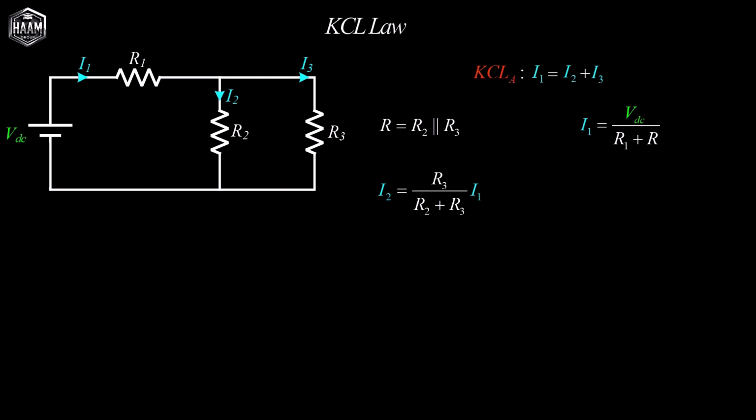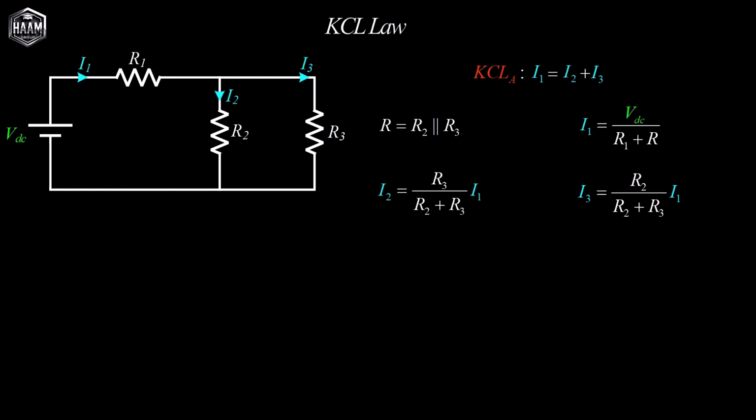So I2 equals R3 times I1 divided by the sum of R2 and R3. And we can perform the same calculation for I3.